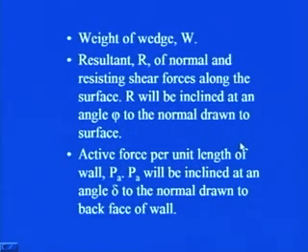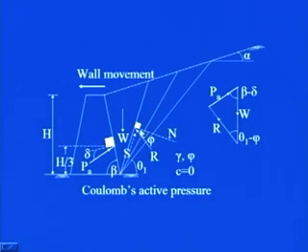R will be inclined at an angle phi to the normal drawn to the surface. As in this figure, this is the normal, and from there you make an angle phi, and that will be the direction of R.